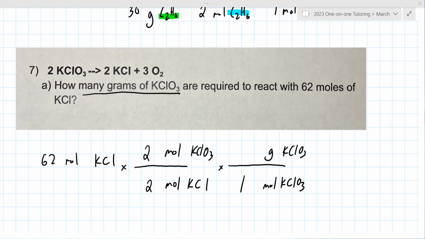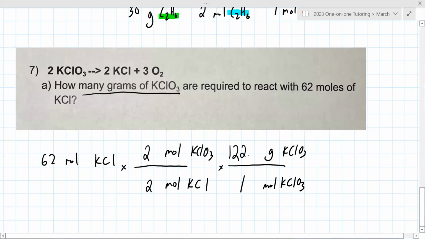So potassium plus chlorine plus oxygen, so 122.54, or 123. 123 is good.